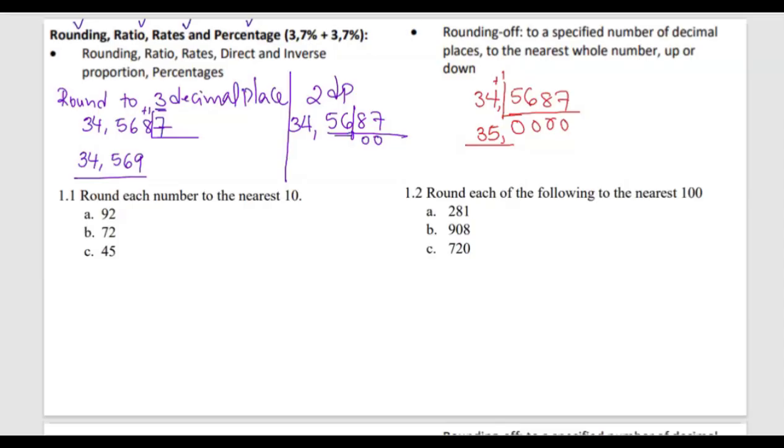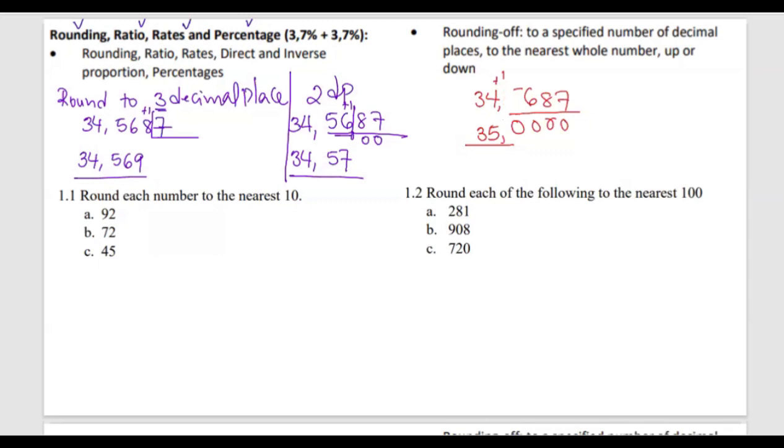I need 2 numbers after the comma. So because 8 is greater than 4, we add a 1, and the answer becomes 34,57. That's the answer there, to 2 decimal places.